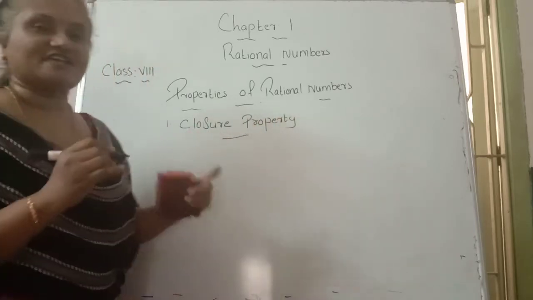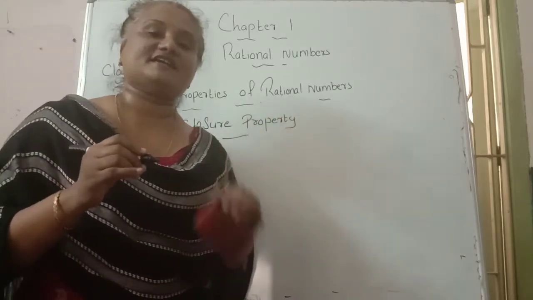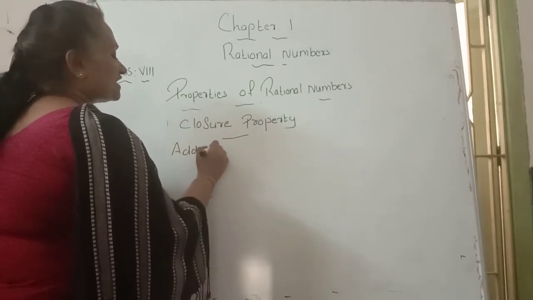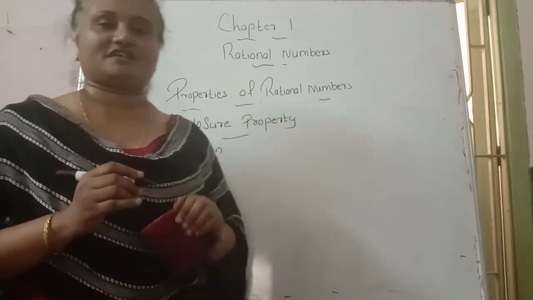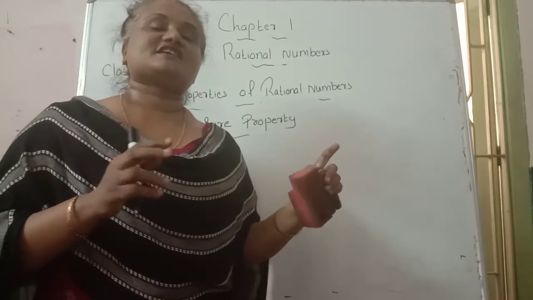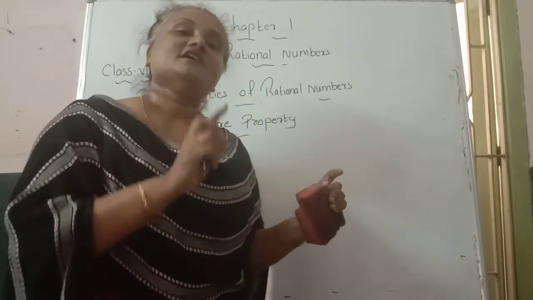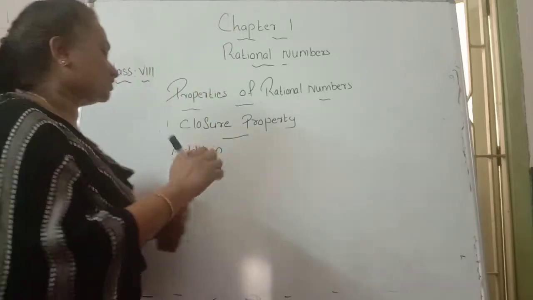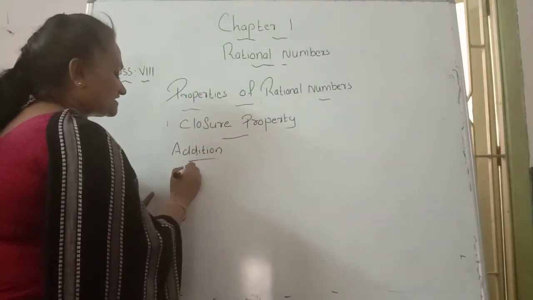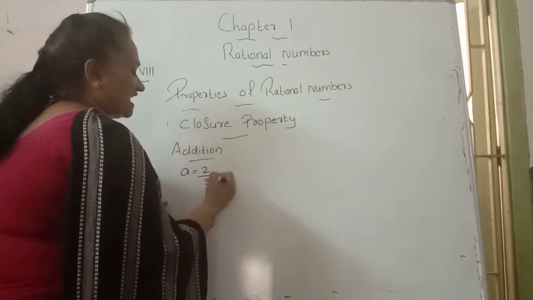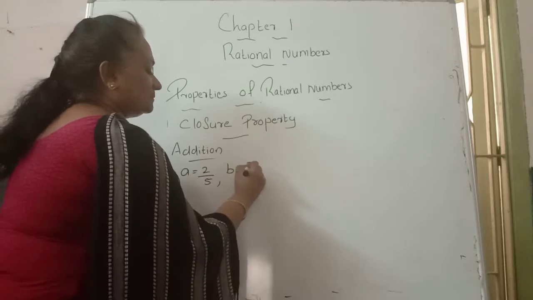In the closure property case, first we are going to check the addition case. Is it satisfying or not? Closure property says that when we add any two rational numbers we get another rational number. Is it right or wrong? First I consider a value as 2 by 5 and b value as 3 by 5.